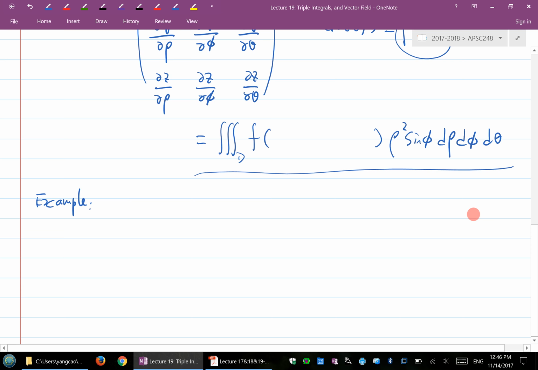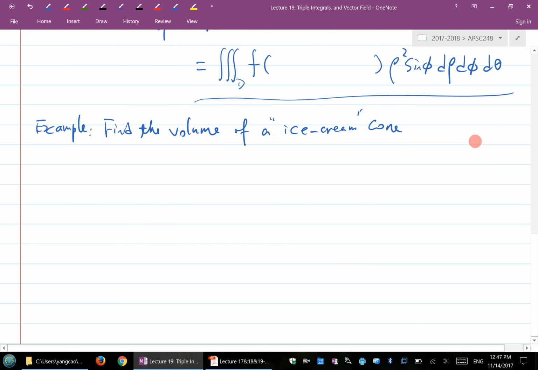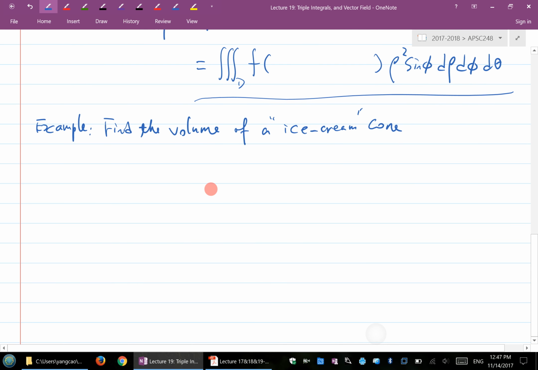This example asks us to find the volume of an ice cream cone. So what's this cone? I'll draw it for you.